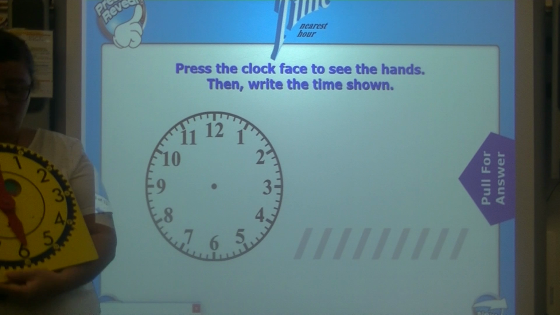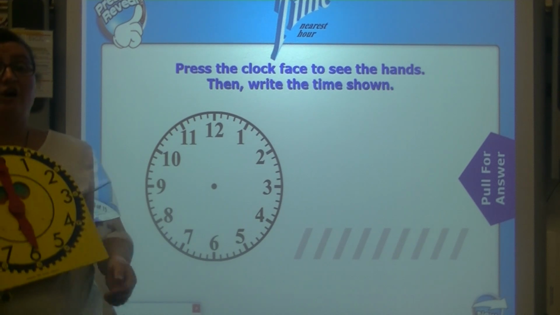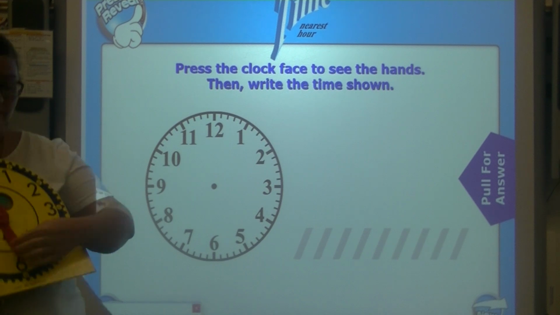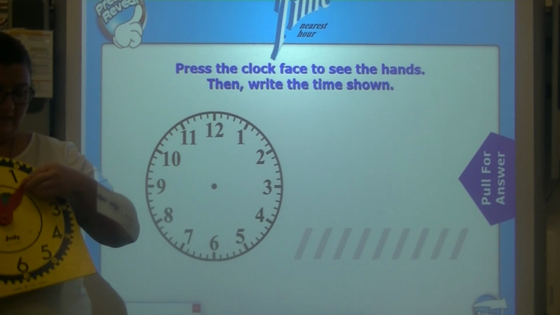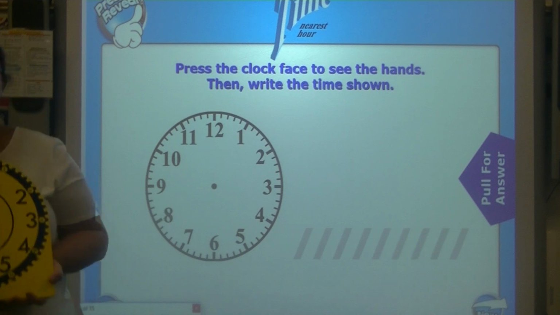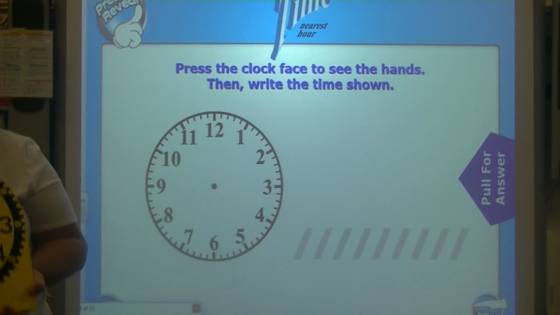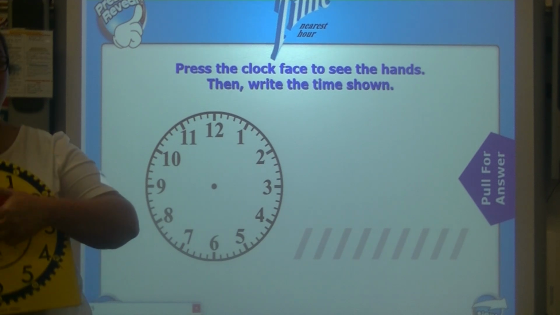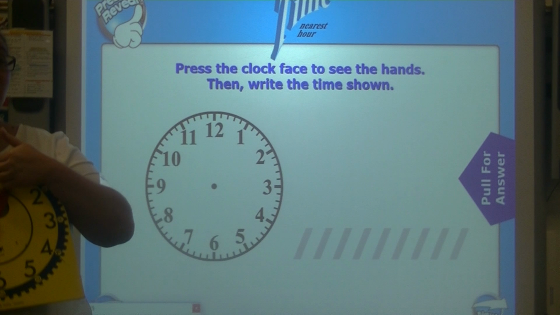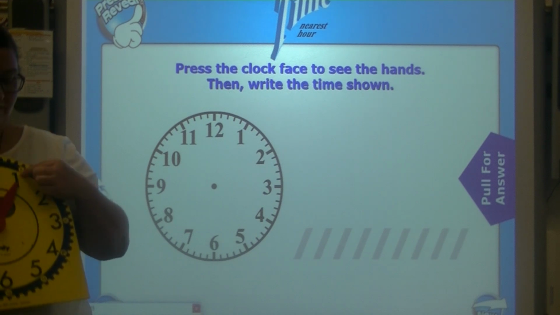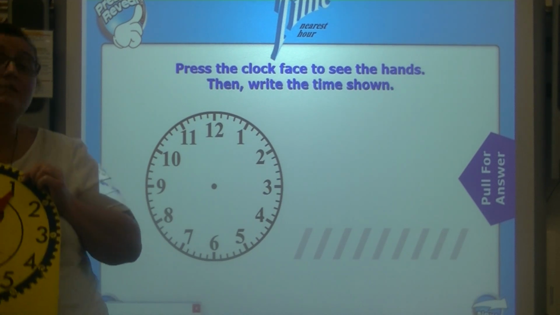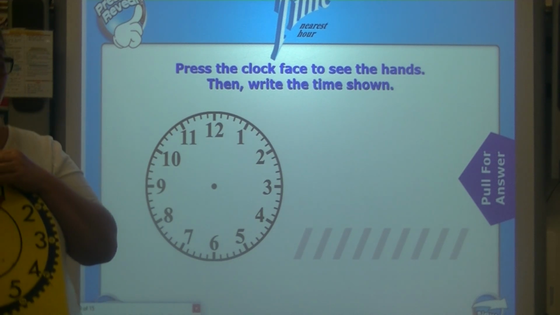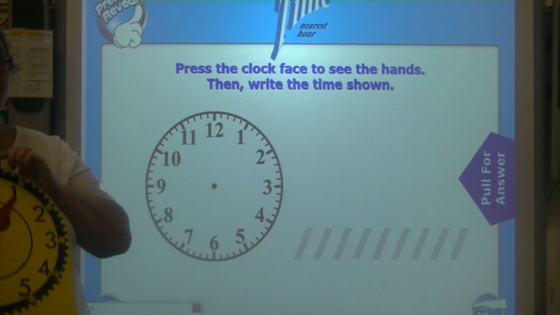And that shows no minutes. Now, if I move my hour hand pointing directly to the 1, I am saying it is 1 o'clock. So if the hour hand is pointing to the 1, my minute hand is on the 12, it is 1 o'clock.